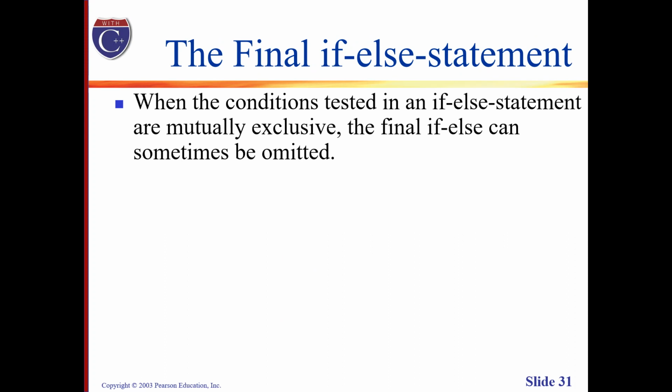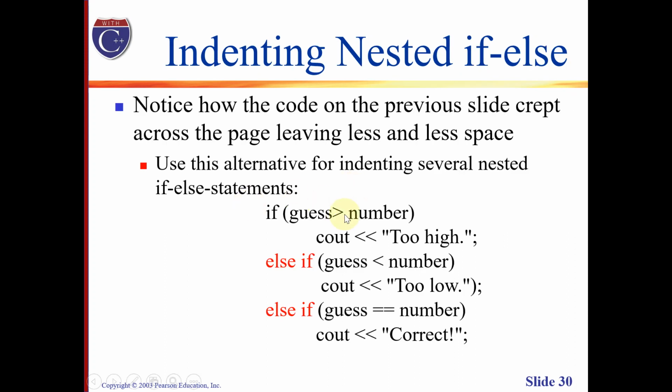And if you will notice, in this example, we actually have three conditions. But there will be instances that the final condition would be the last possible option for our program.